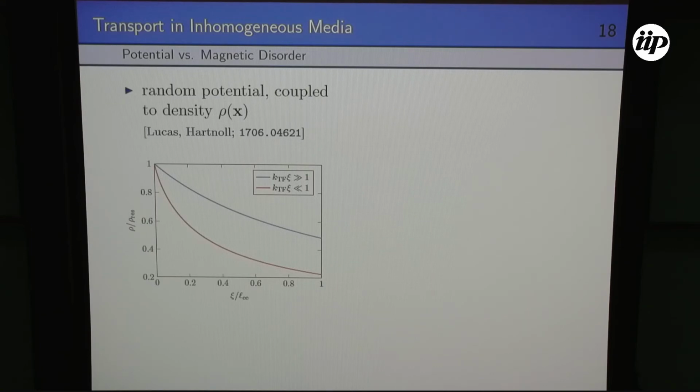Now, this effect has never been seen in experiment, or at least not, I think, that anyone is aware of, at least in a bulk transport measurement. There are a few experiments that have been very specialized that have measured this kind of effect in a channel setup. But in terms of a bulk resistivity of the kind that we're interested in, this effect is really never seen, which is at some level surprising because this is quite far from the hydrodynamic limit.